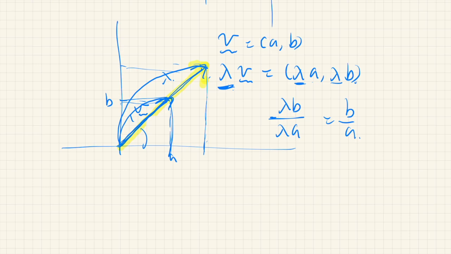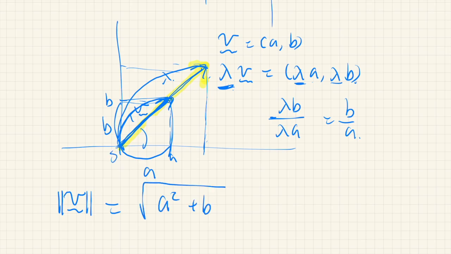On this plane, the length is found by using the Pythagorean theorem. This length is A and this length is B. So the length of the vector V, which we usually denote by this, is the distance between the origin and the target. That is the square root of A squared plus B squared, right?